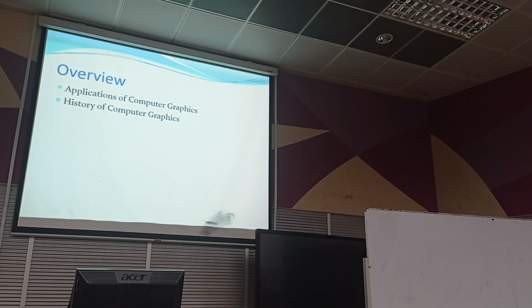We look at some examples of applications of computer graphics. If you hear the short form CG, it refers to computer graphics. We also look at a brief history of how CG has evolved, from the past to now.